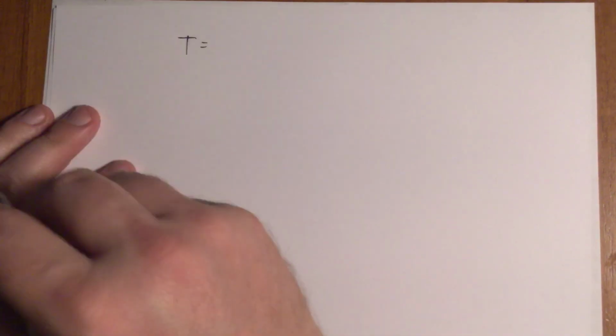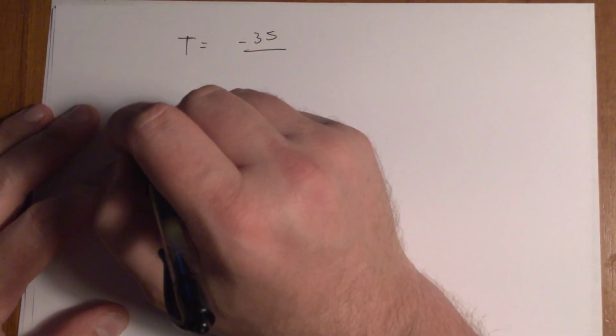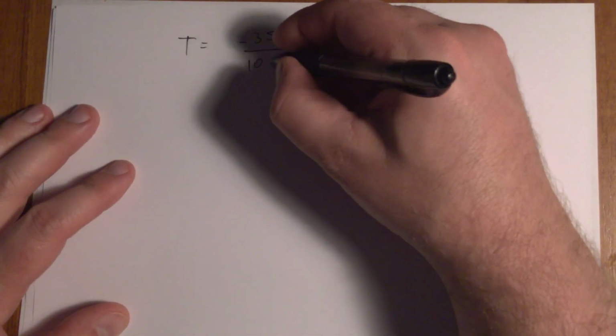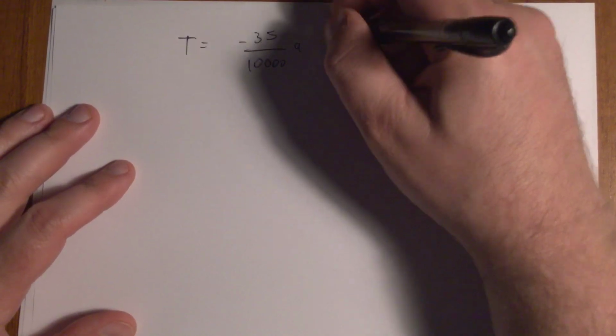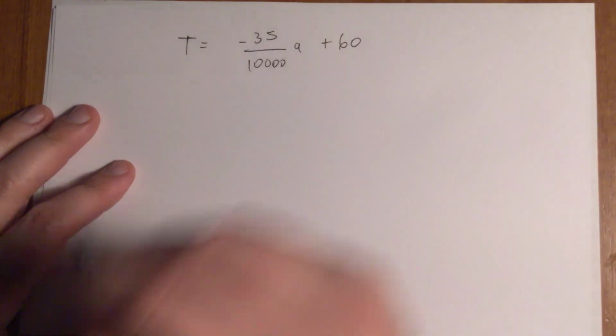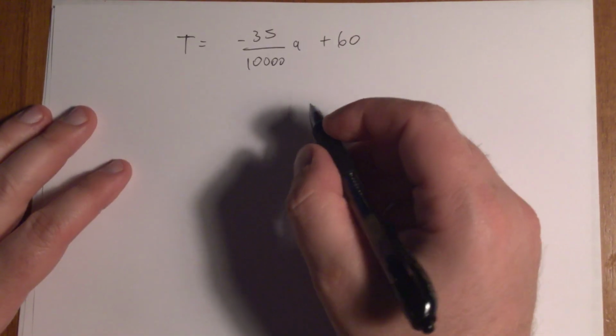So if I have T equals negative 35 10,000ths A plus 60, I can change this to y's and x's.